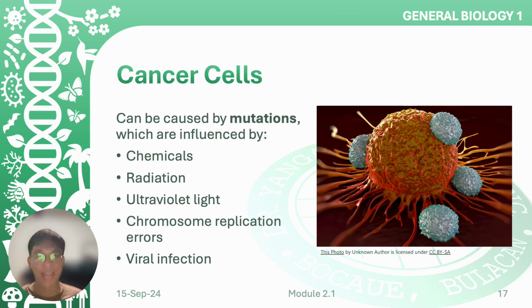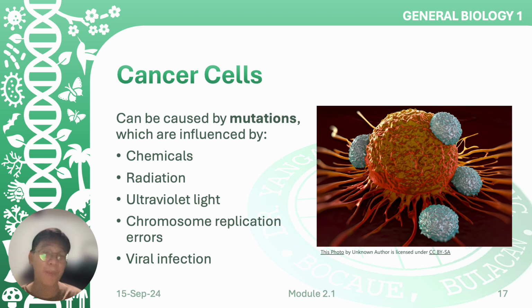And then we have the cancer cells, which are cells that result from mutations that are often influenced by several factors. We have chemical exposure, such as to carcinogens. So when a substance is considered carcinogenic, it has the capability to induce cancer.